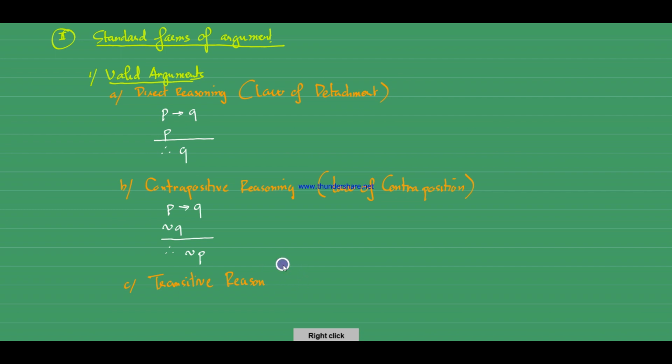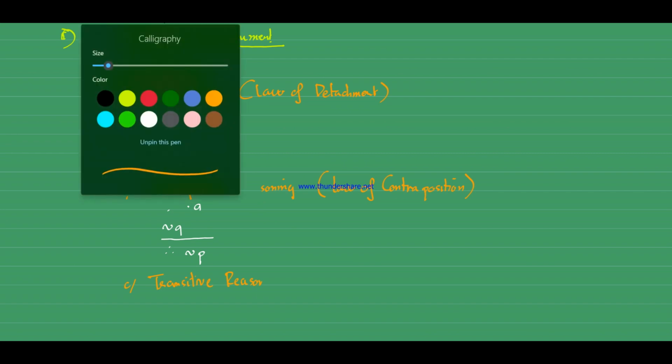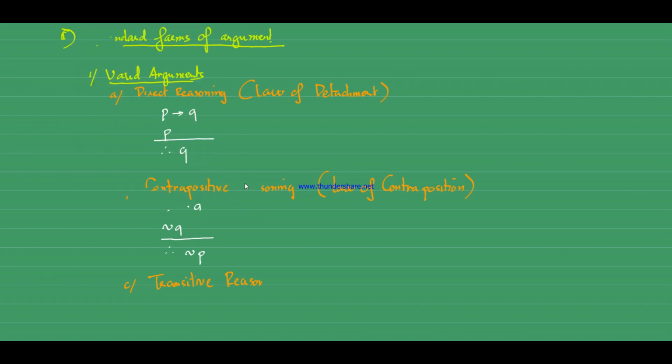Okay, in some textbooks, oops, I got the same problem right over here. And last time I had this problem too. I don't know how. Okay, it worked now. I don't know why. So this transitive reasoning.